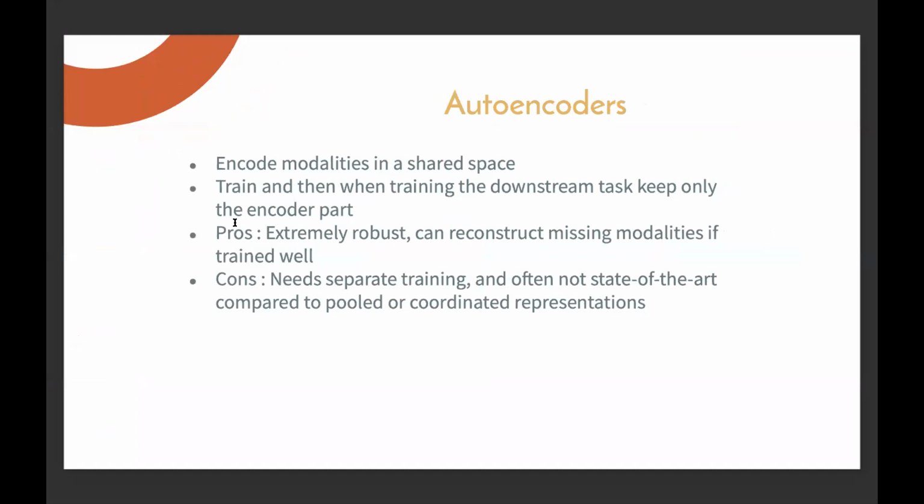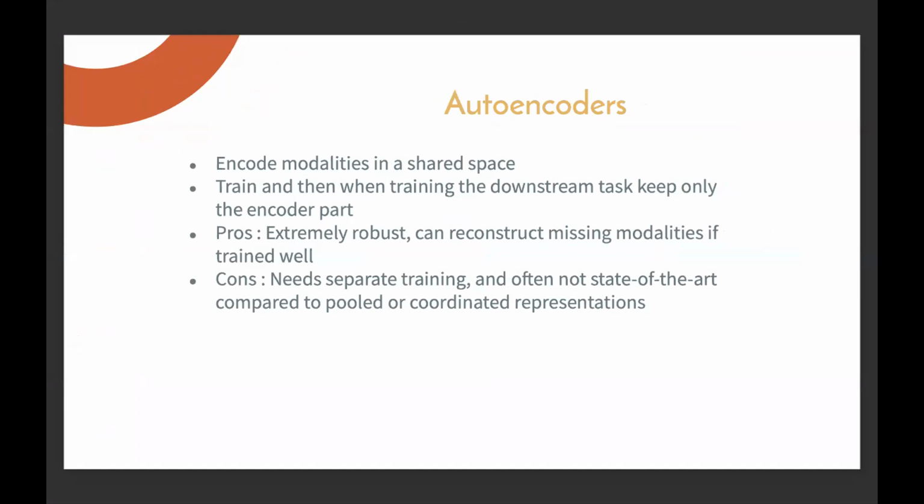Okay. Yeah, hi guys. Let me talk about the autoencoders. The autoencoder is usually used to encode some modalities in a shared space, and we often train and also use the representation in the encoder.